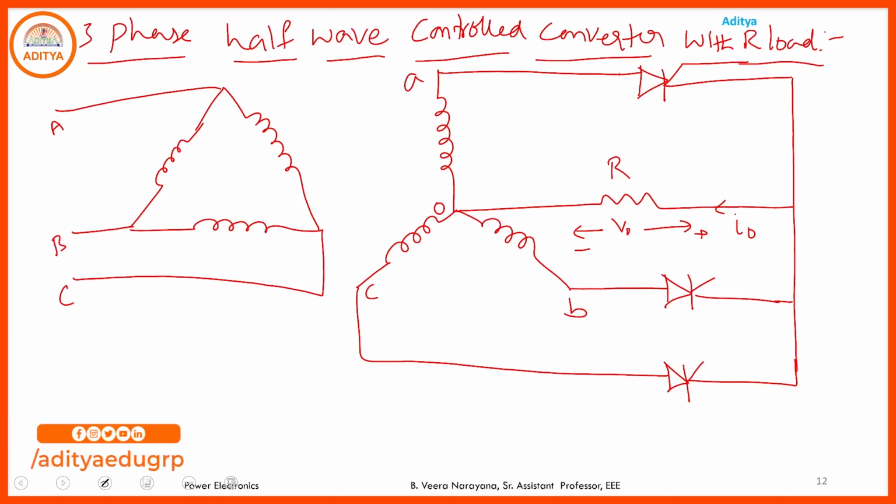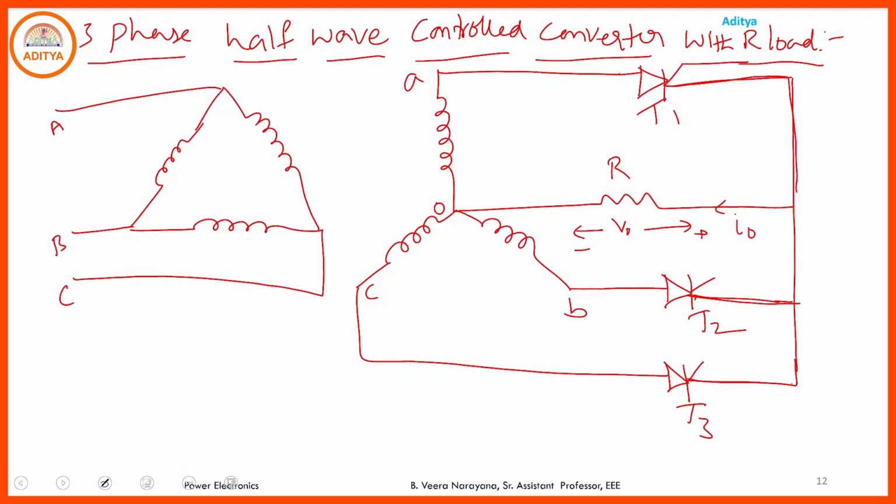It consists of three ideal SCRs which are numbered T1, T2, T3, and a resistive load. Here the resistive load is connected between common cathodes of these three thyristors. Common cathodes means this point. This is the cathode, this is the cathode and this is the cathode.